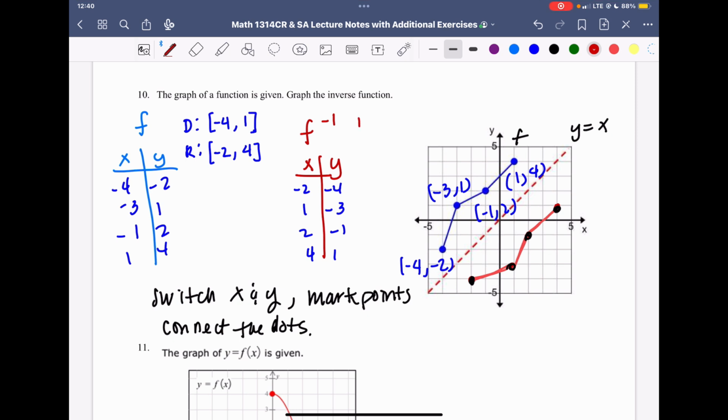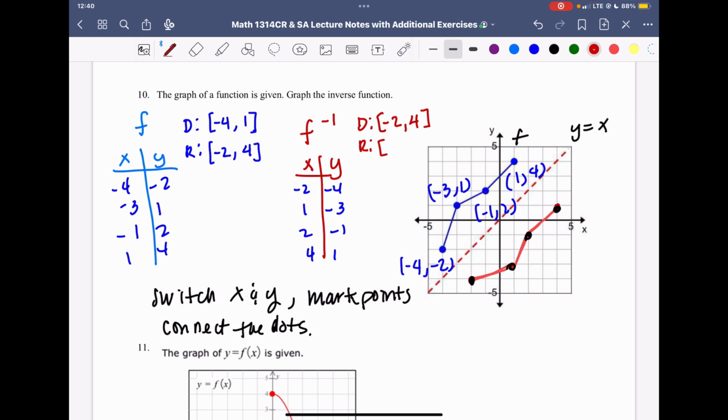For my inverse, the domain is negative 2 to 4, included.